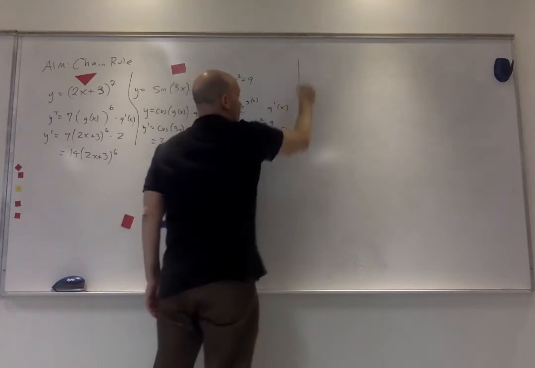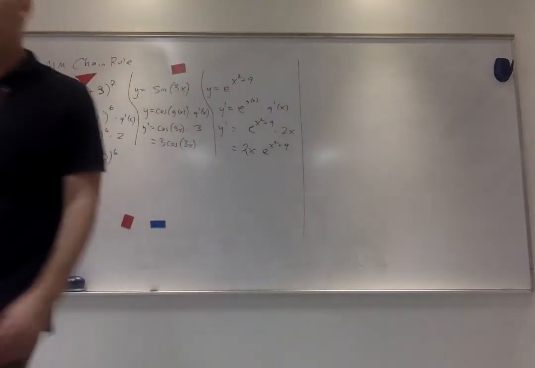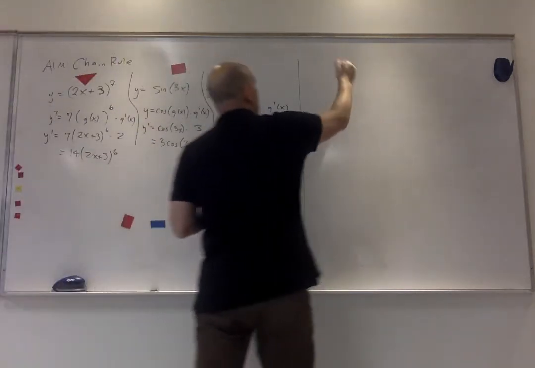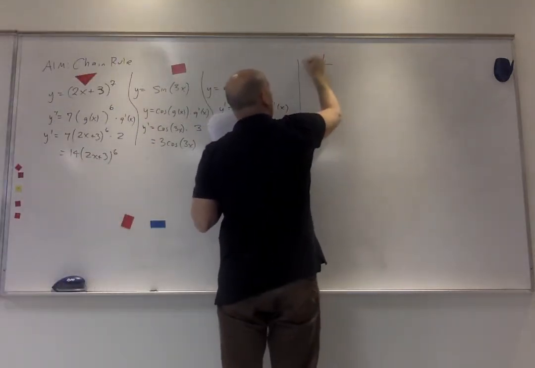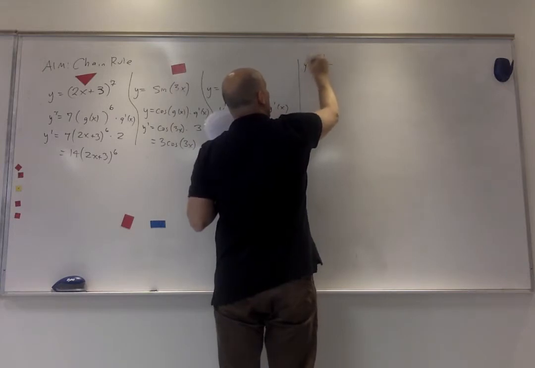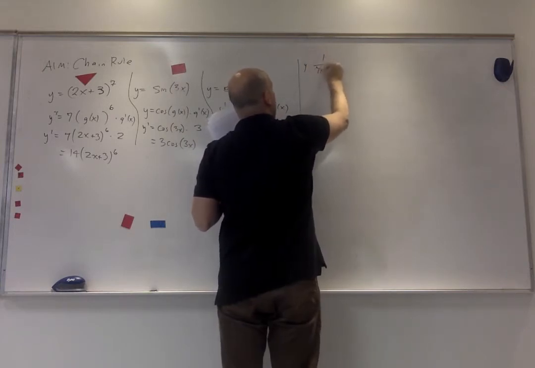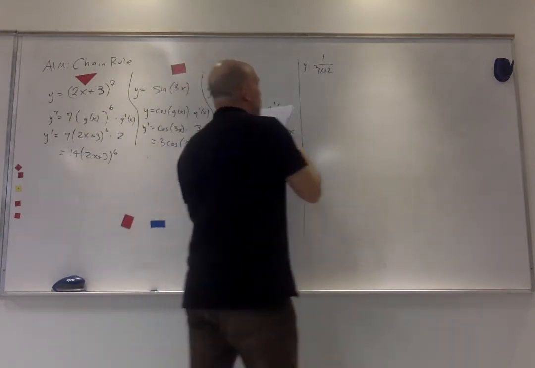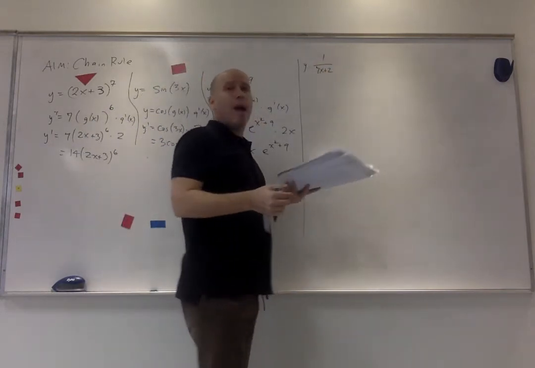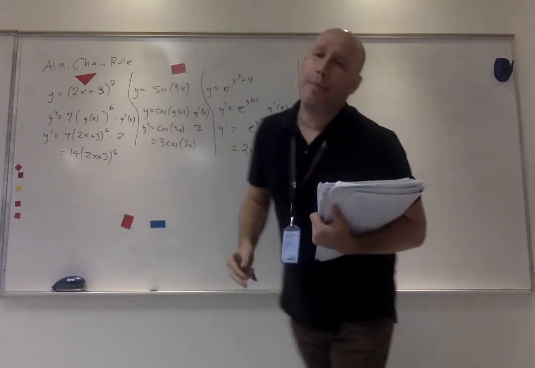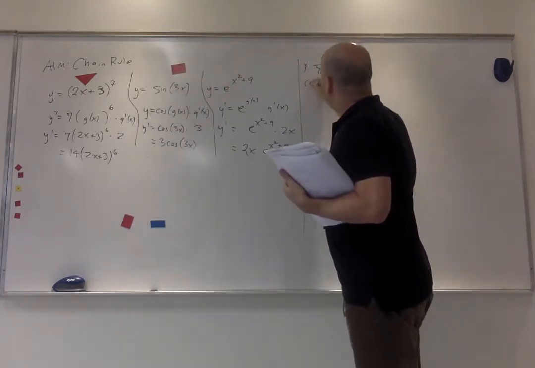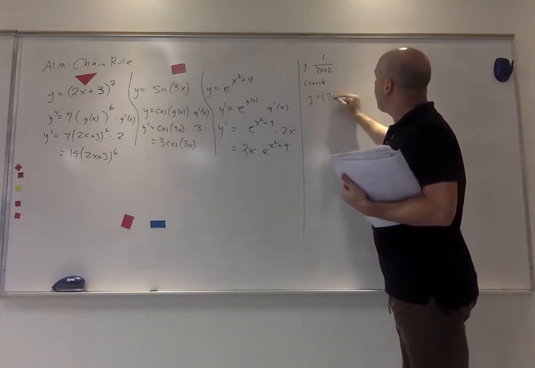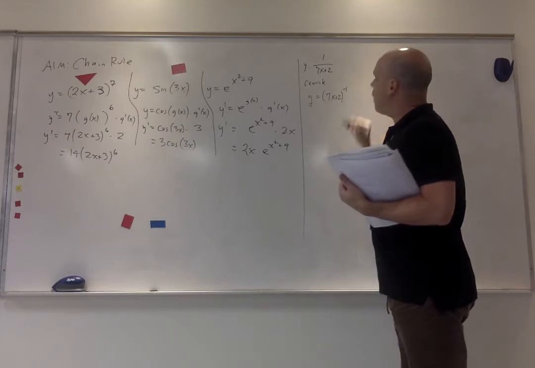What are some other problems we can look at? Well, how about I give you one: y equals 1 over (7x + 2). You say, you know what? I recognize this. An easier way is to get things out of the denominator. So rewrite this as y equals (7x + 2) to the negative 1.